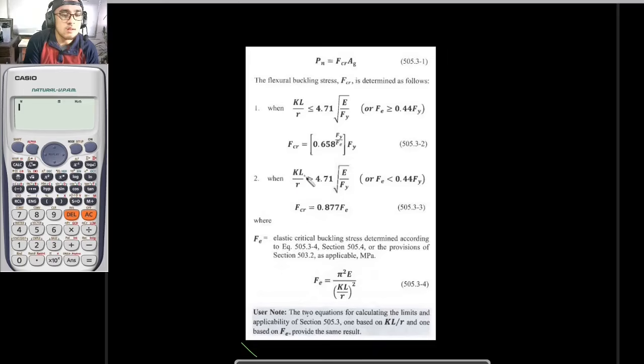And if your slenderness ratio is larger than this, FCR is equal to 0.877 Fe. And our Fe is this. We can also check this, or Fe is greater than or equal to 0.44 Fy. Test here also, Fe is less than 0.44 Fy.